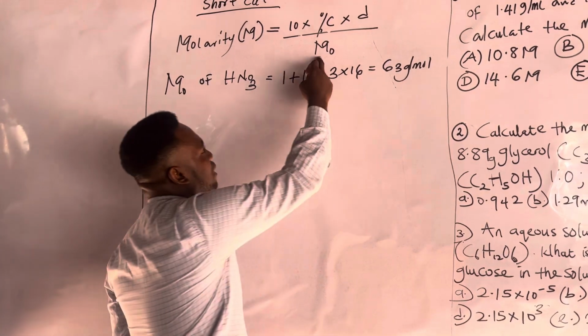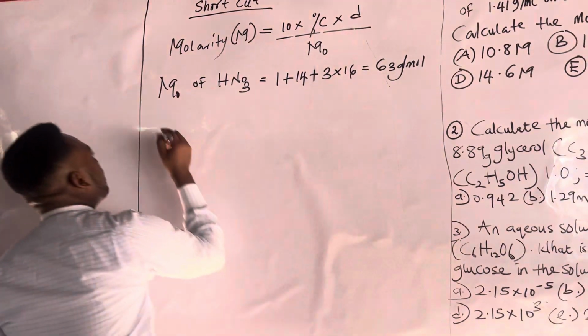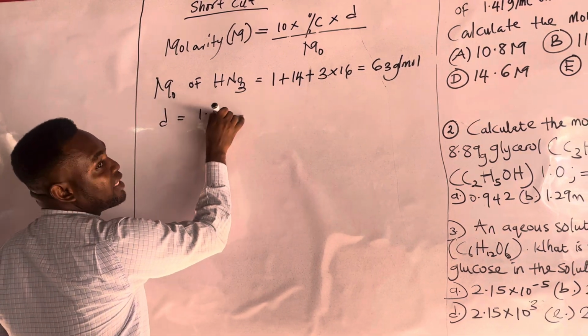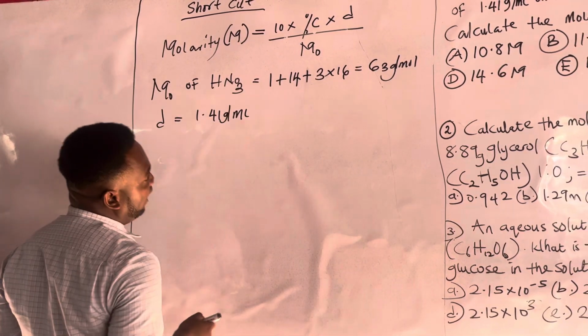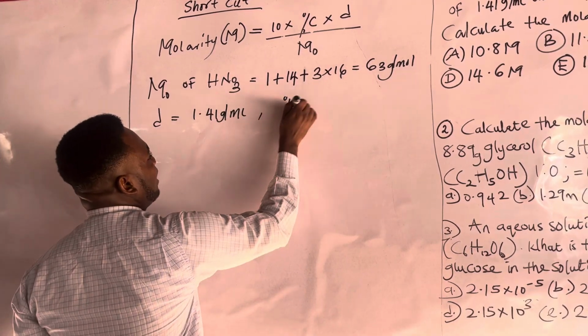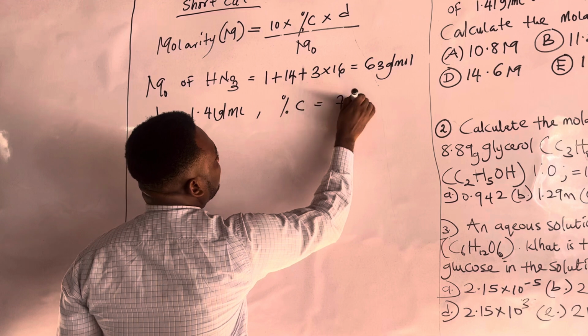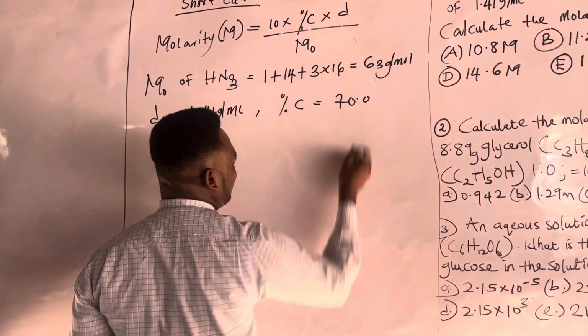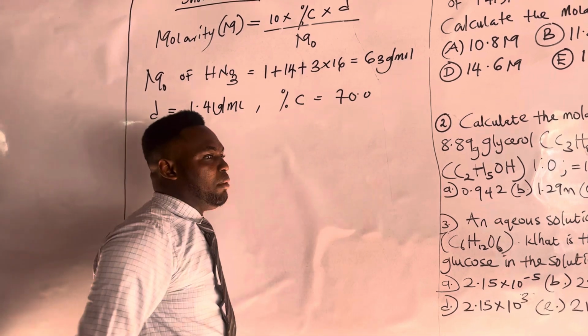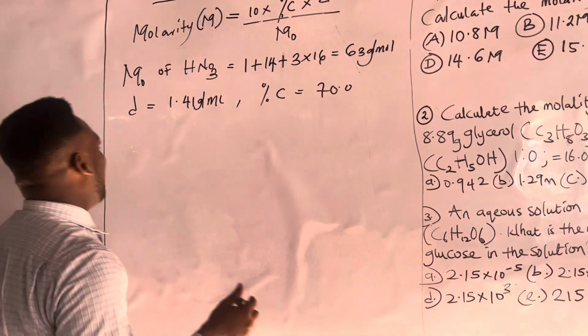Now, we have gotten the molar mass. What is the density in the question? The density in the question is 1.41 gram per milliliters. And then we are given percentage composition. They said that the percentage composition is 70.0%.